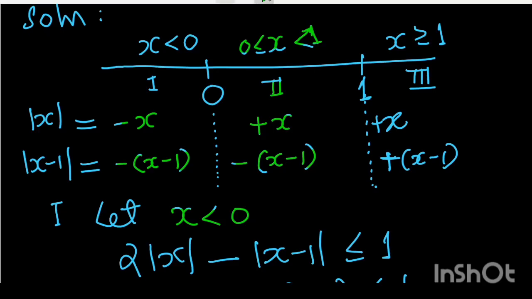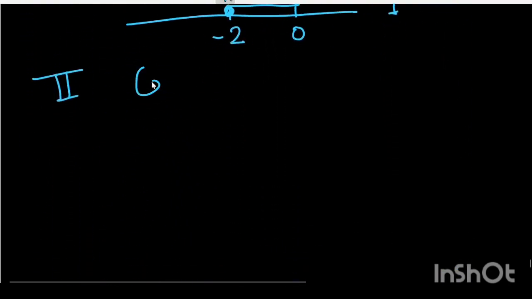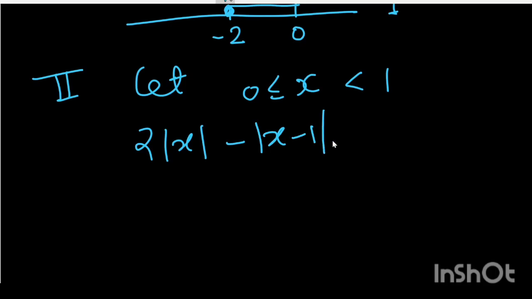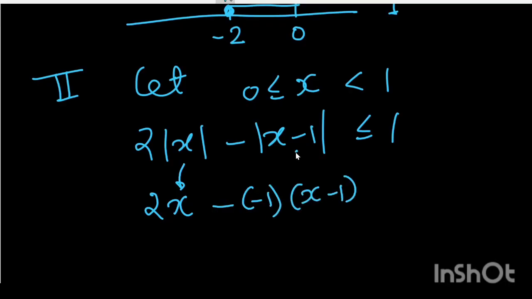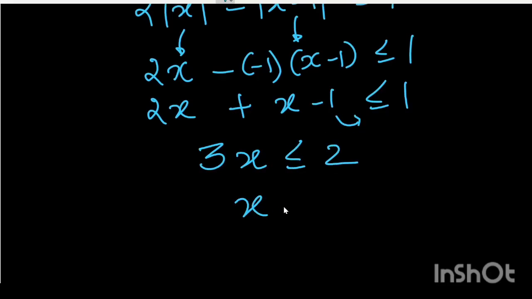So let x be between 0 and 1. Here |x| is replaced by +x, so it becomes 2x, but the second mod is replaced by a minus sign, so minus of this: 2x - (x - 1) ≤ 1, which gives 2x + x - 1, so 3x ≤ 2. Dividing by 3, x ≤ 2/3.